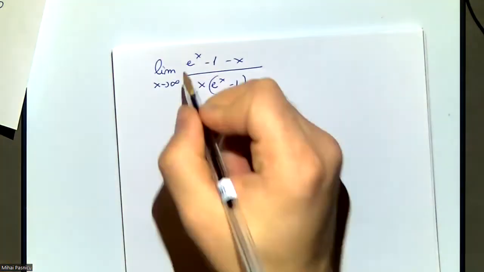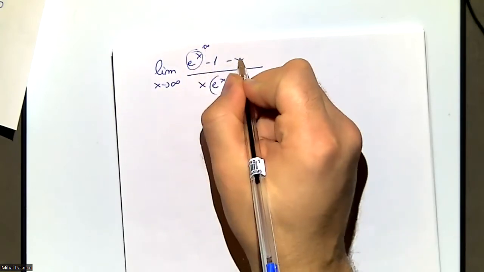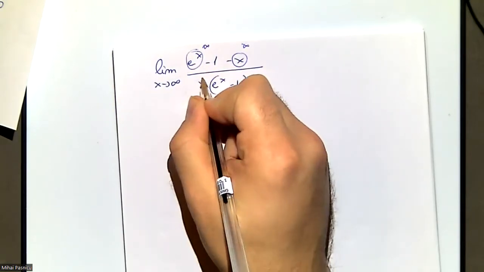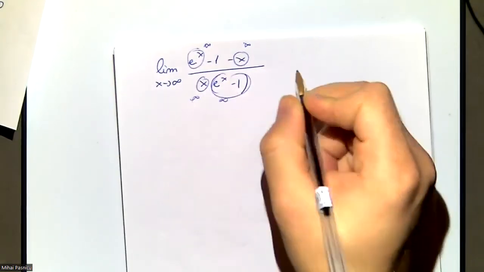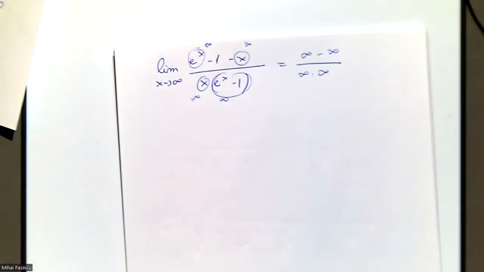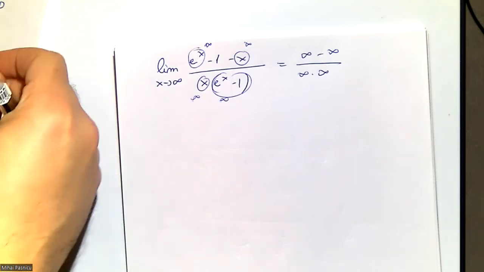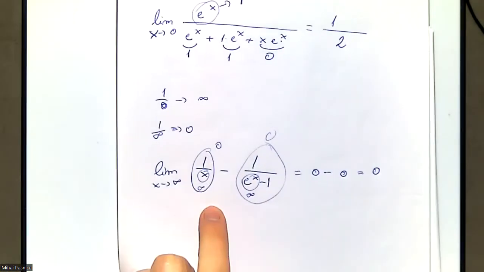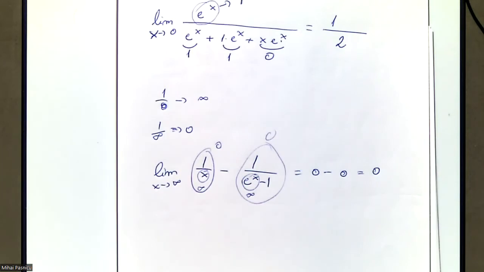You're going to get infinity minus infinity over infinity times infinity. And yes, you can solve this with some sort of exponential thing, but it's going to require more work, more places where you can make mistakes, etc. So if you want to prove from this, go for it. It's your choice. I'm just going to do it like this, because I'm lazy. I'm just going to evaluate from the start and see that I have the 0 over 0.